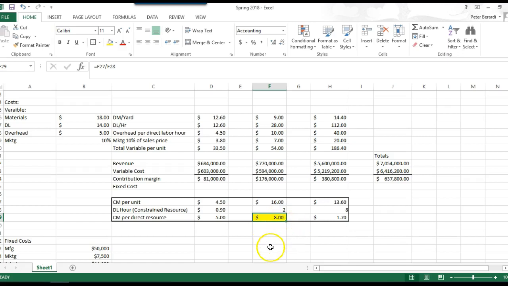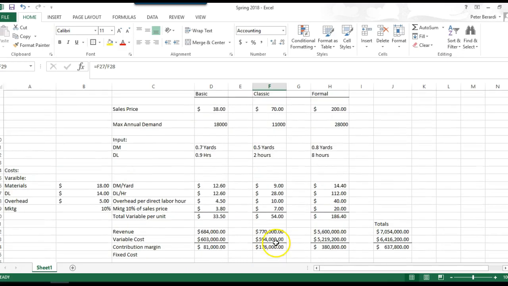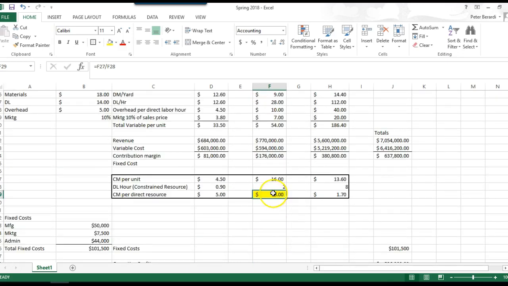In this case, it is the classic. Don't go by the contribution margin per unit as your answer. The question didn't ask which product has the highest contribution margin. It asked which product makes the most profitable use of the constrained resource. In this case, it's the same, the classic.